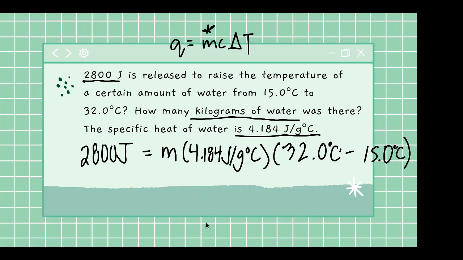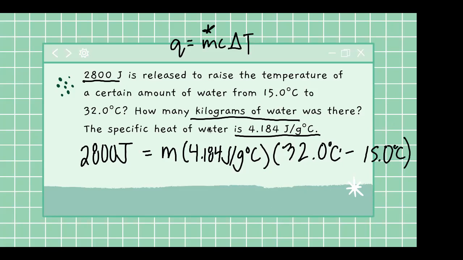If not, does anyone want to give me the answer for 32 minus 15 degrees Celsius? Oh, yeah, 17. Okay, so 17 just like that, or is there something you're missing? Including the sig figs, yeah, there you go.